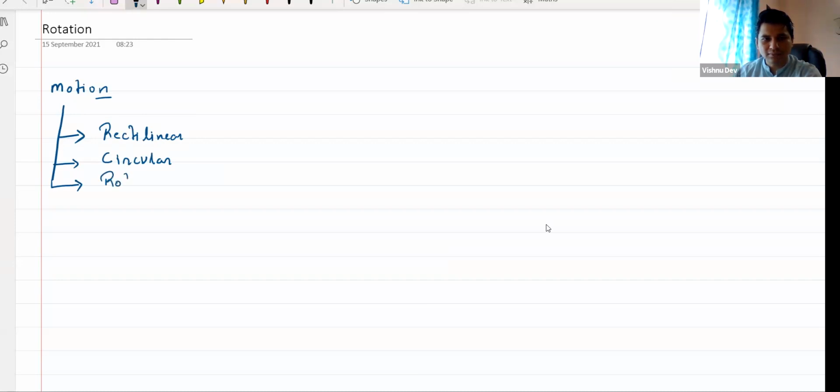Linear, curvilinear. I'm taking a very basic case of curvilinear, which is circular. Then rotational, and then periodic motion. In periodic motion, we basically talked about oscillatory motion.